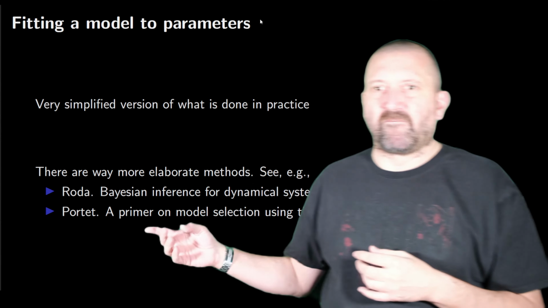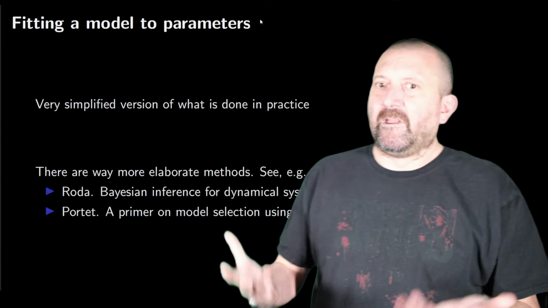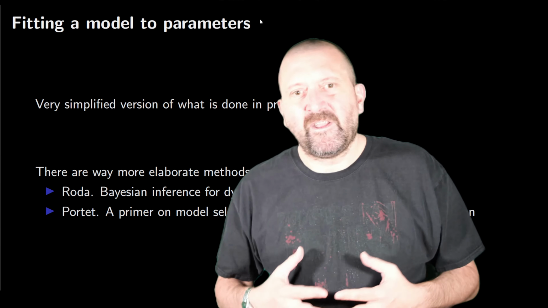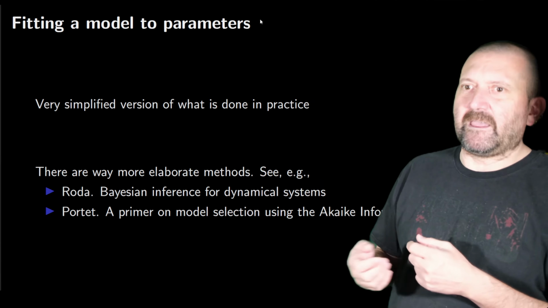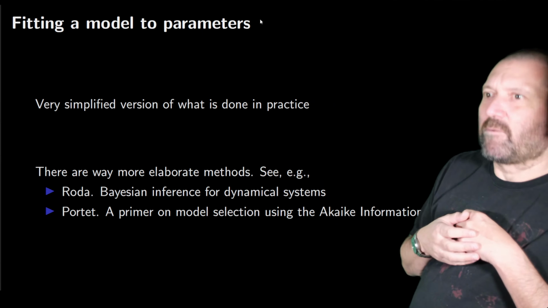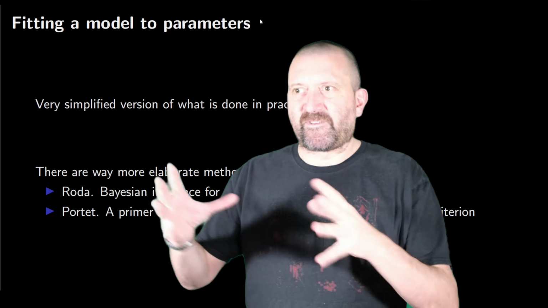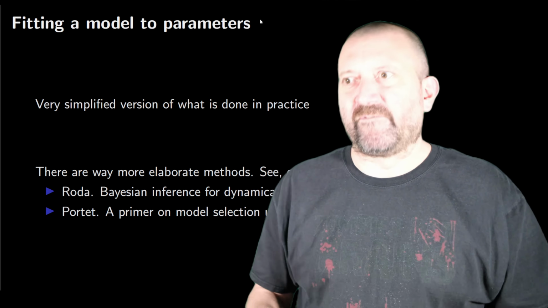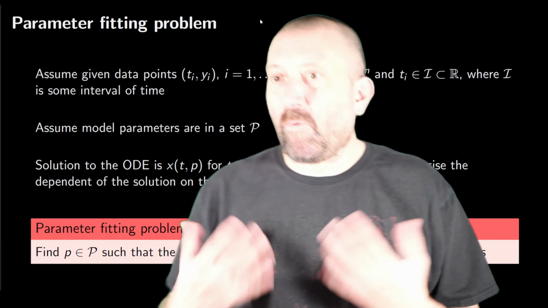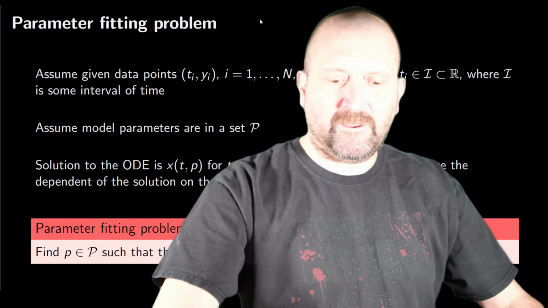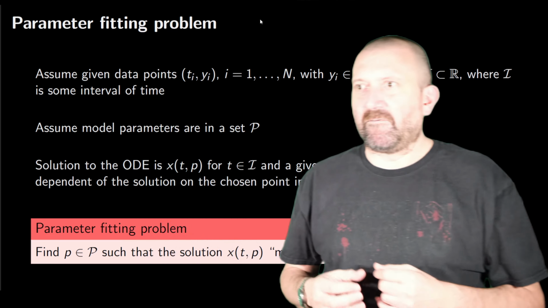One is by Roda, and it's about using Bayesian inference for dynamical systems. And the other one is by Porté, and it's about model selection, which is a way to select the best possible model out of a bunch of models. These are more elaborate techniques that we won't cover here, but that might be worth your attention.